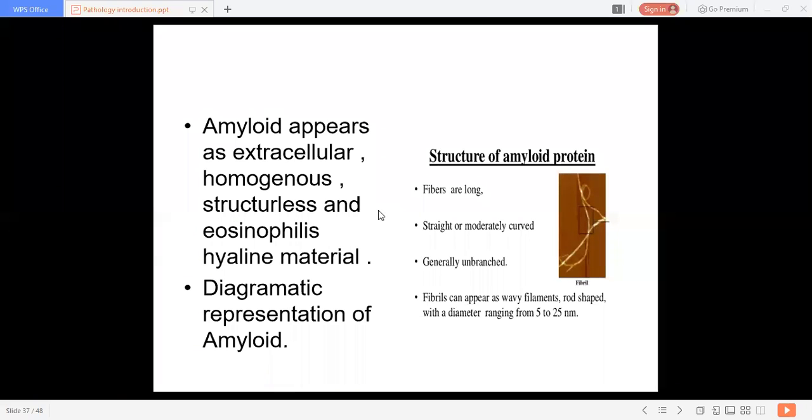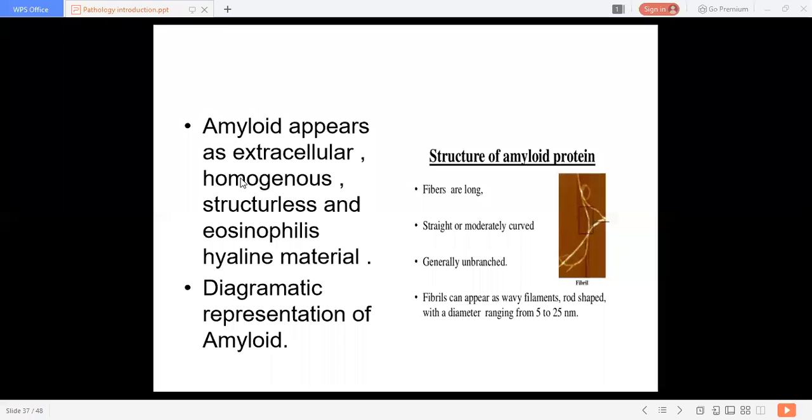Now, what are the characteristics of amyloid? How do we characterize these amyloid proteins? Amyloid always appears extracellularly, or gets deposited extracellularly.